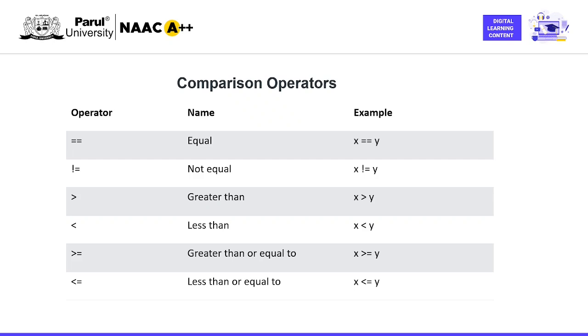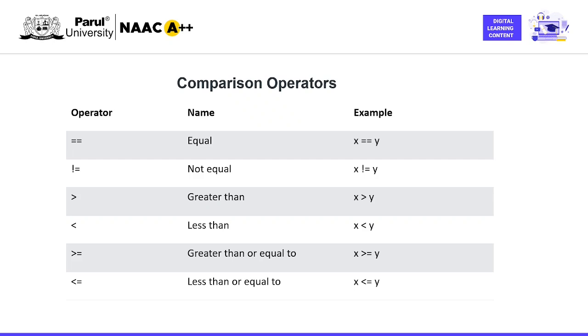This type of operator is known as comparison operator. In other words, these operators are also known as condition making operators. It means if we are trying to make a condition, then any one of these operators is used.